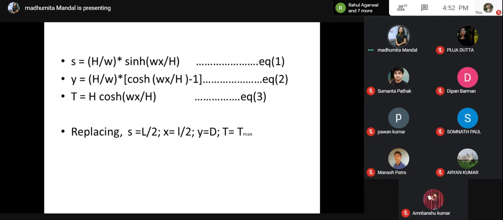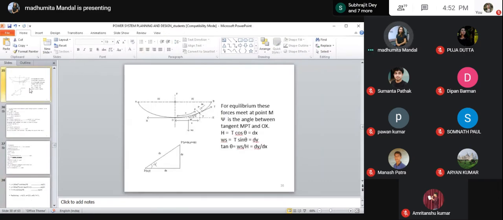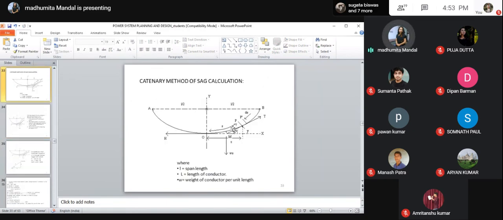Now, this point P was taken at any point in between O and B, so that is why we have got these three equations.